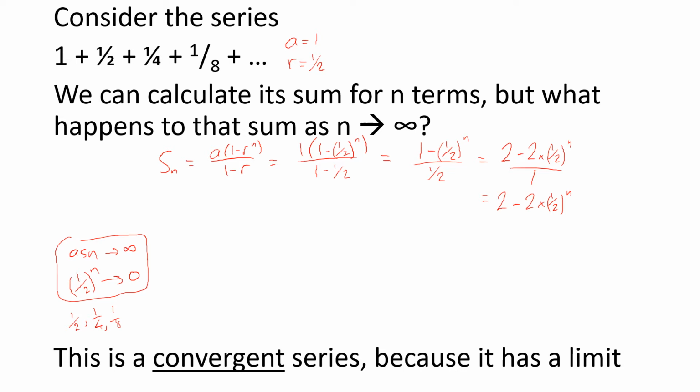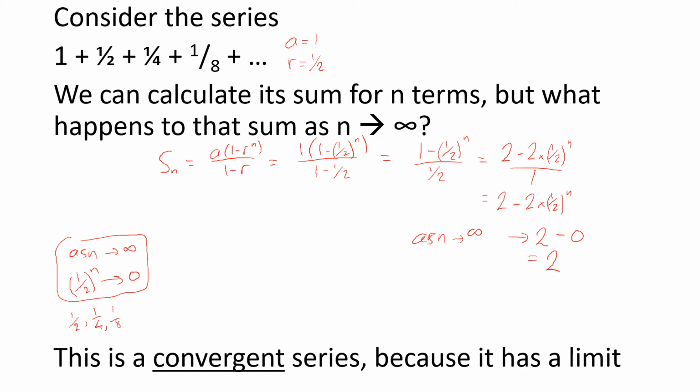So 2 minus 2 lots of 0, essentially, is going to tend just towards 2. So the limit of this sequence is 2, and it does exist.